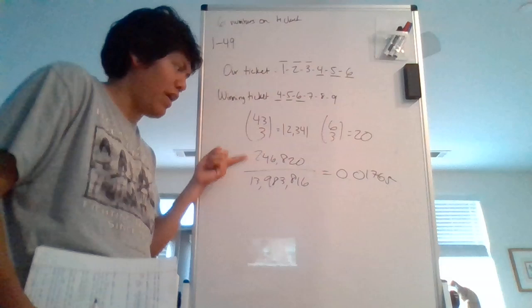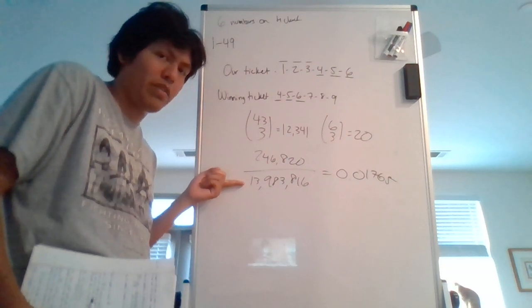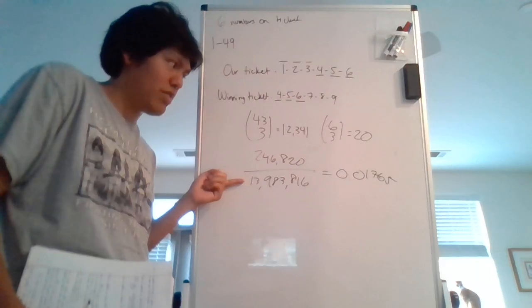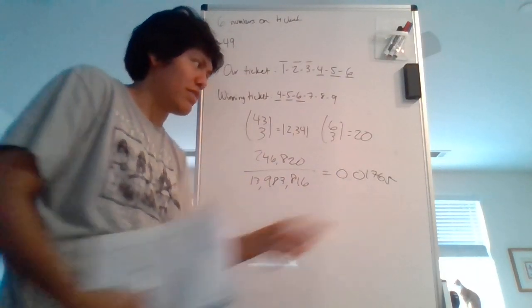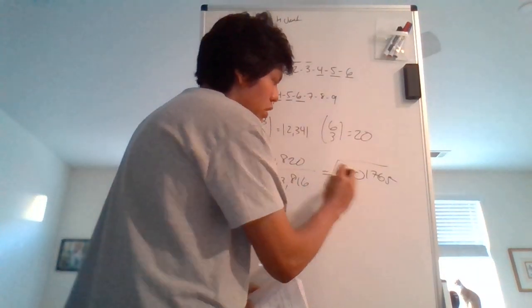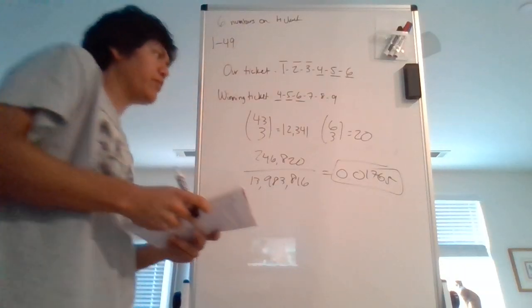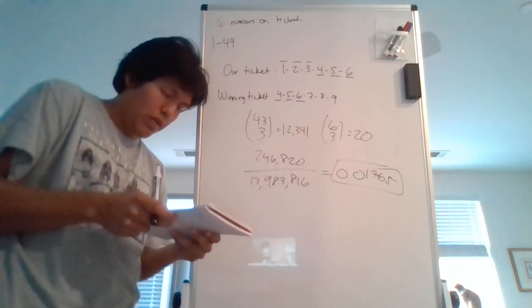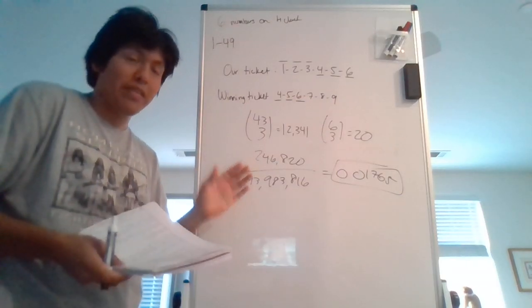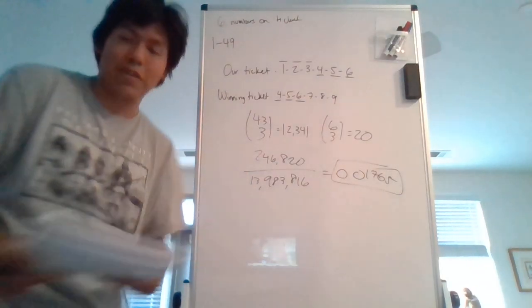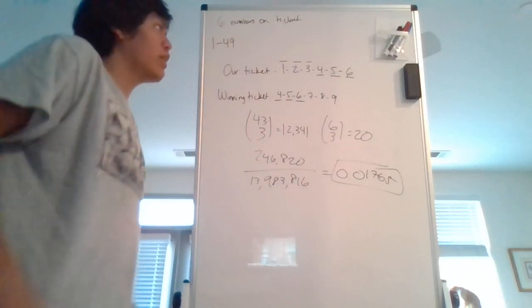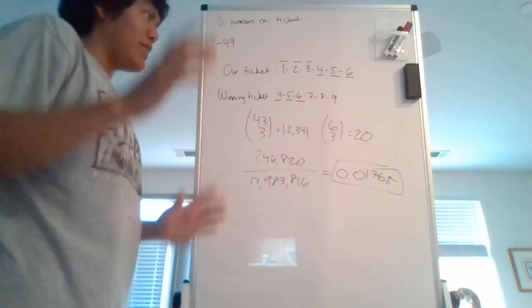So we would put that over how many possible number combinations there are for a ticket that has 6 numbers, which gives us this, and this is our answer. Okay, hopefully this one made sense as well. This one was a little hard to explain, but I hope it made sense.